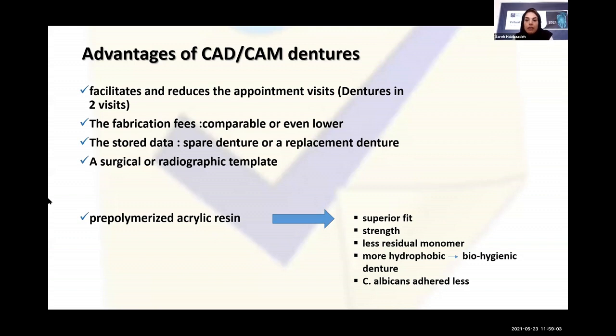You can have all these data stored and then use them to have a spare denture or a replacement denture for the patient, or even a radiographic or surgical template. So you don't need to go over the clinical steps again. You have all these data available. The other advantage goes back to the material that we use with this technique, which I'm going to talk about at the end of my presentation. The blocks that we have with this technique have a superior fit, strength, and less residual monomer compared to the conventional ones. We will talk about these later.